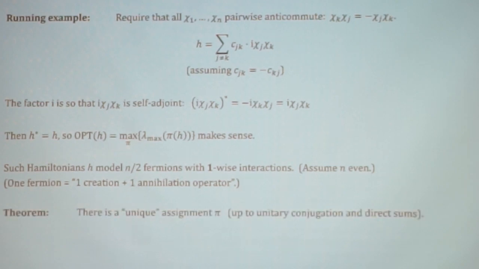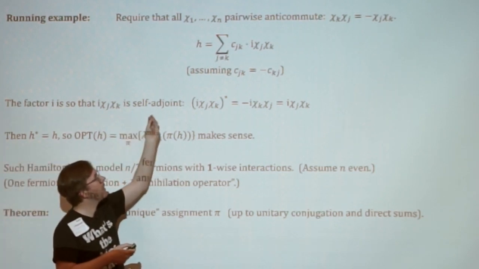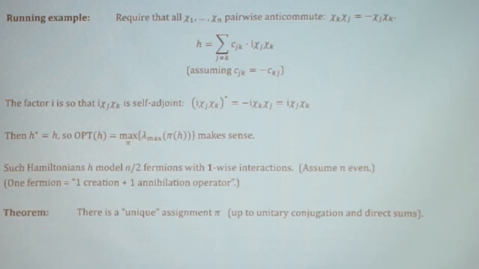And so I phrased this to match the classical stuff. I phrased this as finding the best matrix assignment to make the resulting matrix, when you substitute into this H, have as large an eigenvalue as possible. But actually that's kind of misleading, because once you have these anti-commuting constraints, there's basically a unique assignment, pi. It gives you an exponentially large matrix. You need exponentially large dimension in order to find these matrices that pairwise anti-commute.